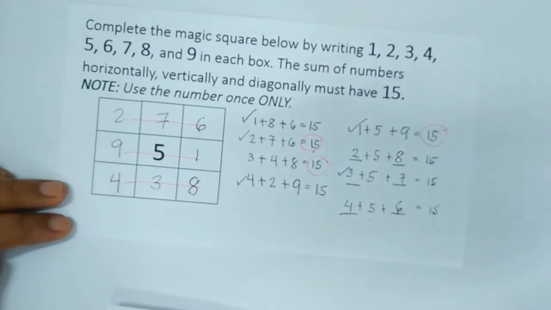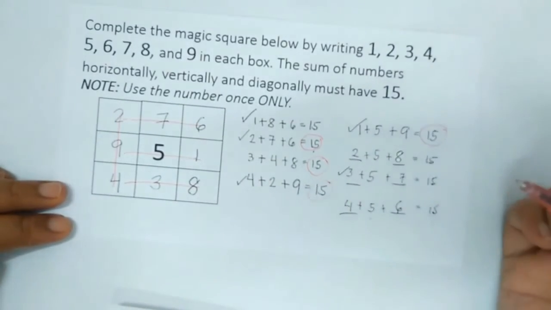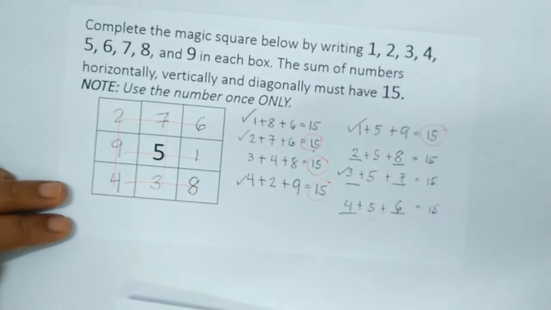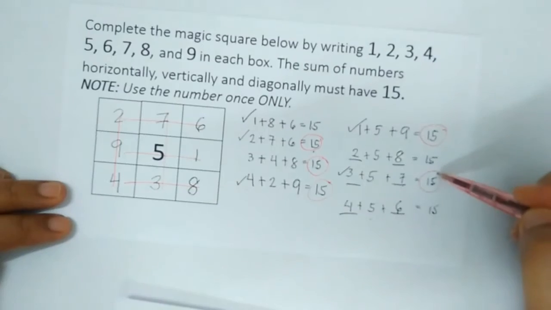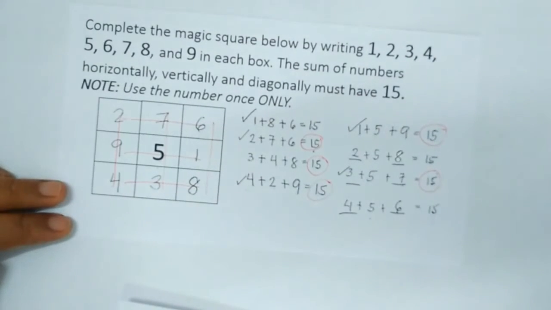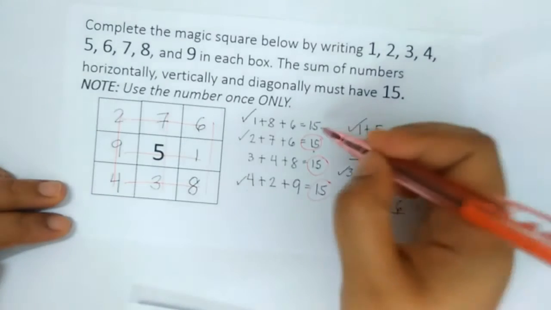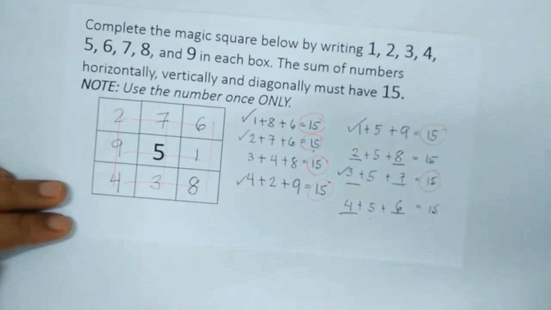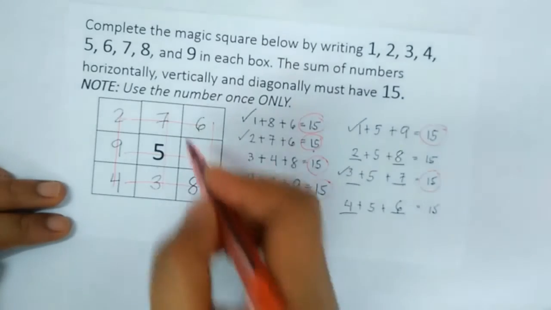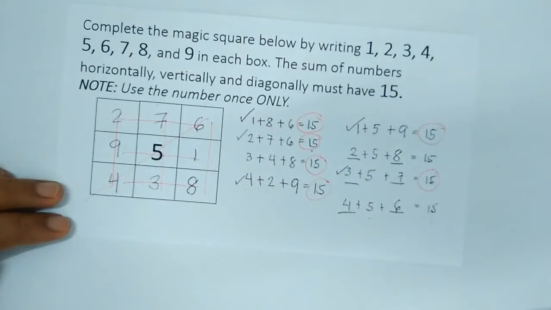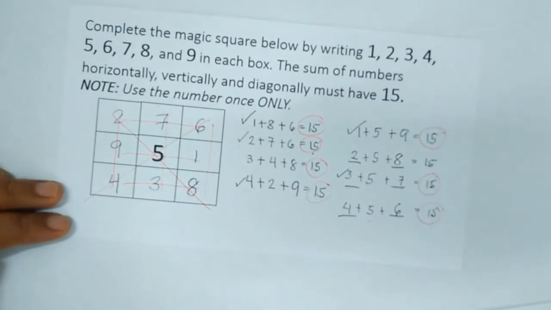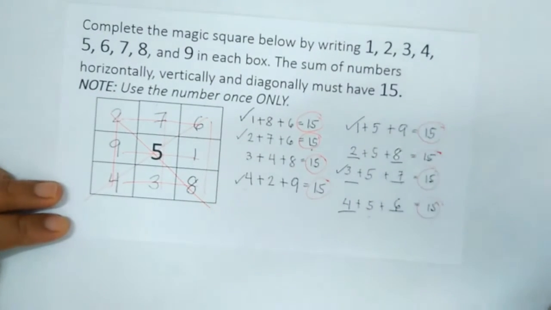How about vertically? 2 plus 9 plus 4 is 15. 7 plus 5 plus 3 is 15. 6 plus 1 plus 8 is 15. How about the sum of the numbers diagonally? 6 plus 5 plus 4 is 15. 2 plus 5 plus 8 is equal to 15. It means we filled up the numbers in the proper places.